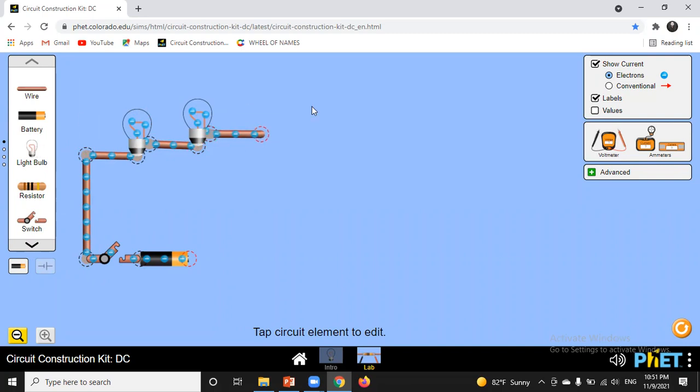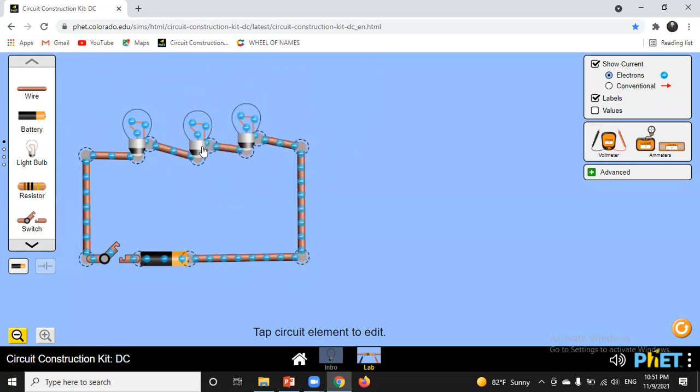Let's get a third one. Wow, we have everything here and the circuit is not working. Why? Because it's an open circuit. I have an open switch here that represents a gap in the circuit.